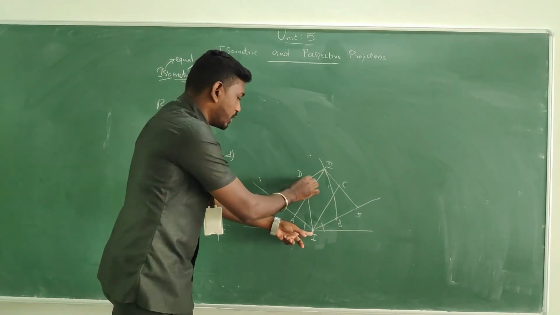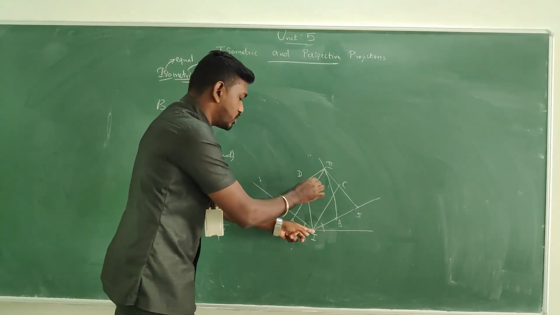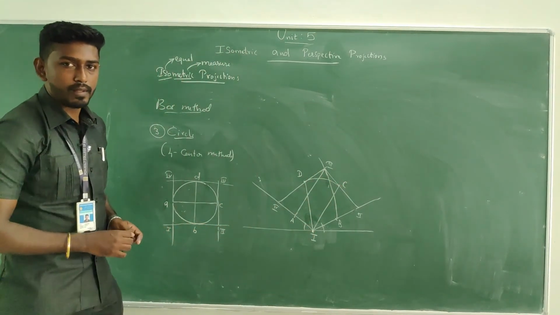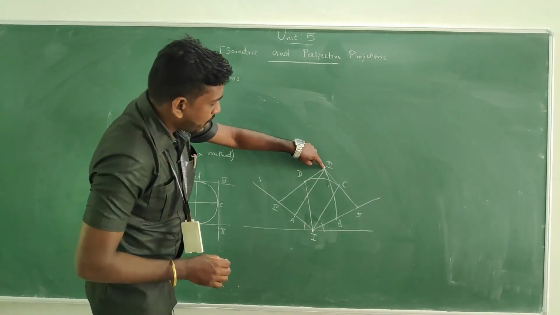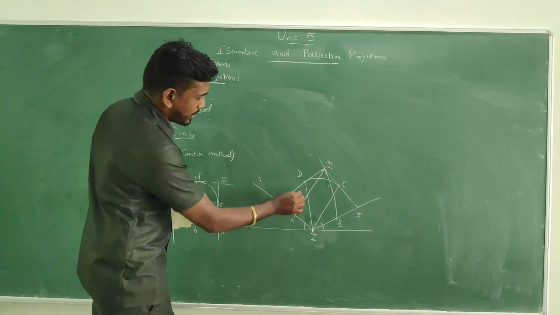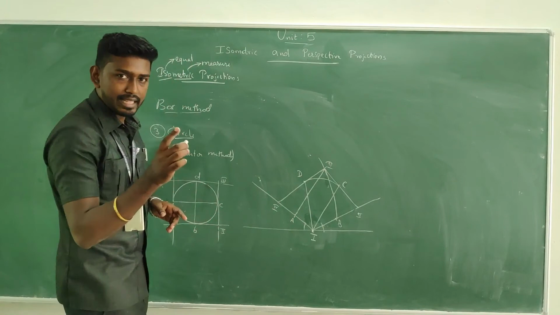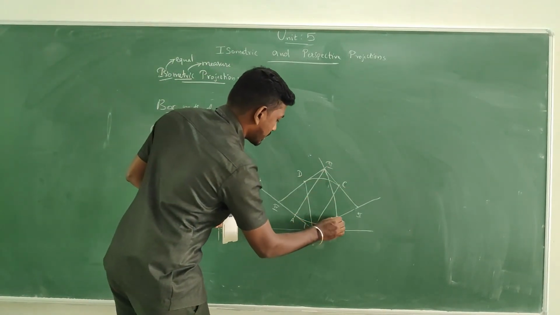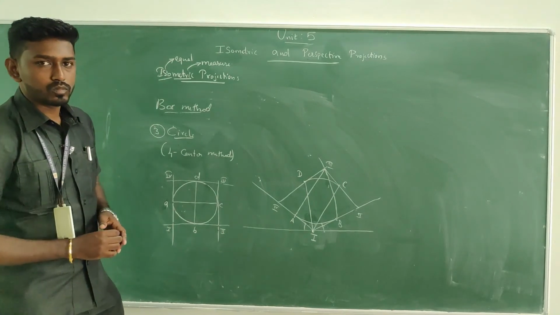I am going to take the measurement 1 to D and fix 1 as center and draw an arc. It comes like this. Then keep 3 as center, and take the measurement 3 to A as the radius, and go for an arc. So you get an arc something like this.